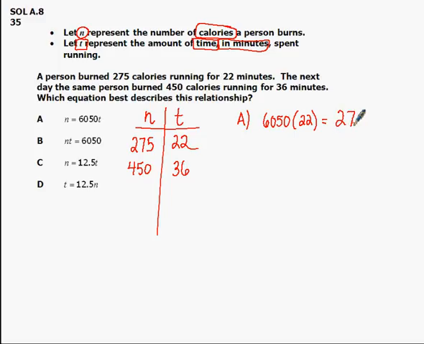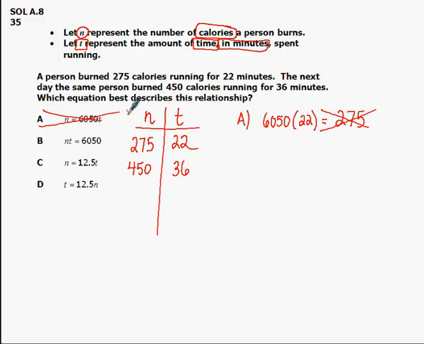Now if you think about that, that makes absolutely no sense. 6,050 times 22 is going to be way too big. There's no way that's going to even be 275 or even close. So I'm actually not even going to try my second pair of points because that doesn't make any sense. So that option is completely out.